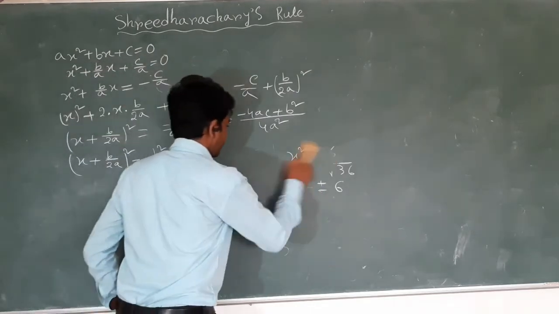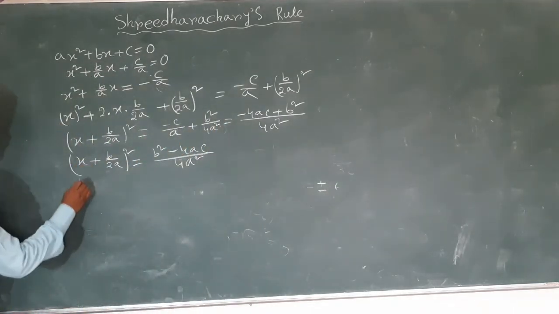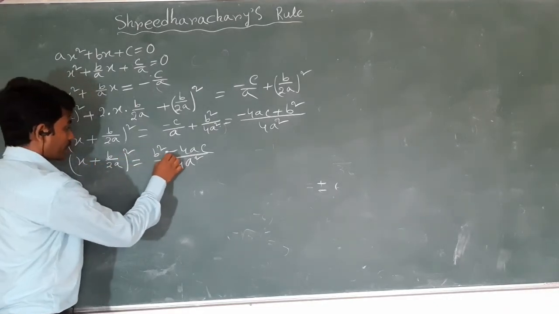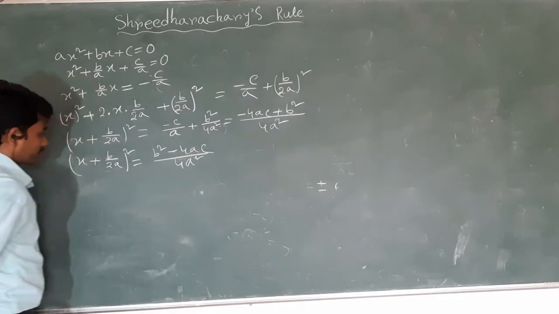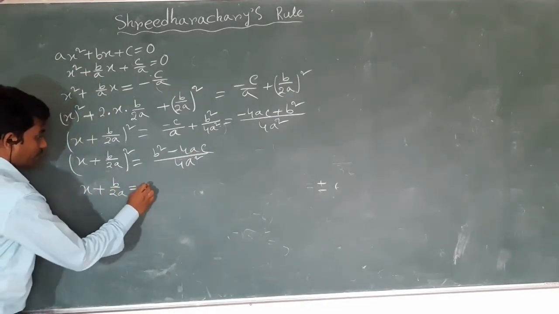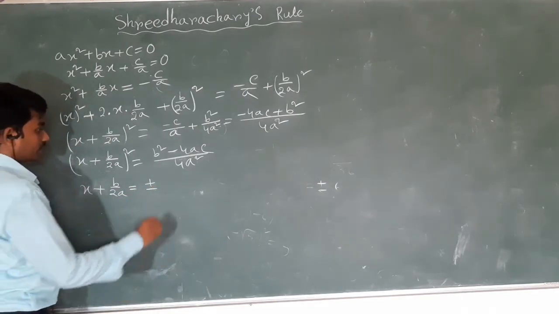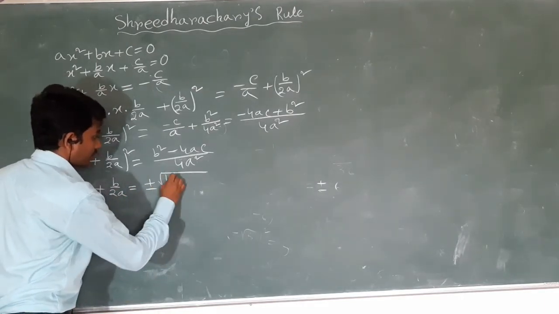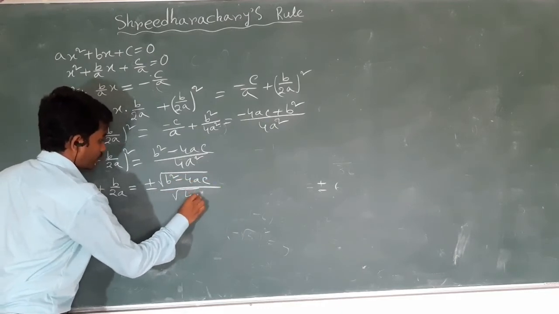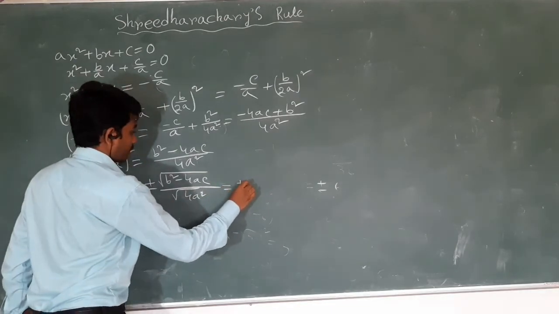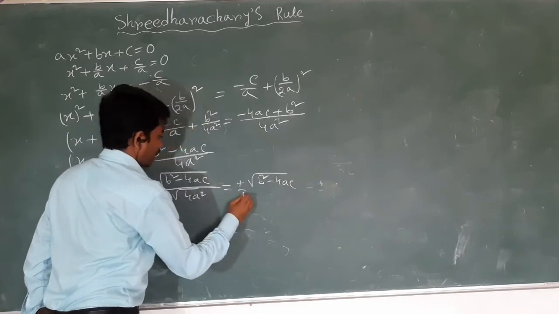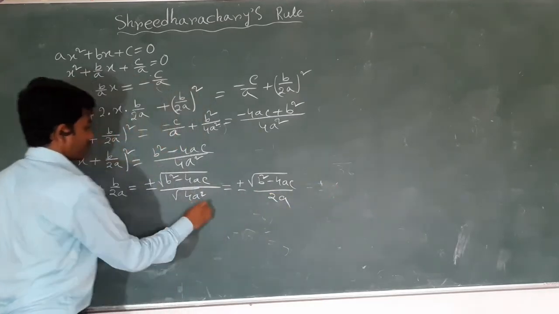Using this concept, if (x plus b upon 2a) whole square is equal to (b square minus 4ac) upon 4a square, then x plus b upon 2a is equal to plus minus under root b square minus 4ac upon under root 4a square, that is plus minus under root b square minus 4ac upon 2a.